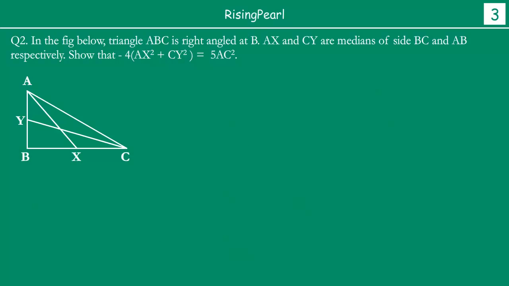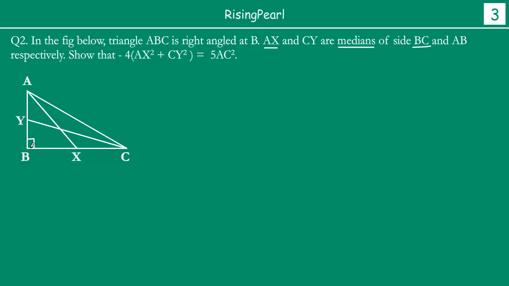Here, friends, we are looking at question number 2. Here in the figure below, triangle ABC is right angled at B. So we have a right angle triangle ABC, and this angle is 90 degrees. AX and CY are medians of side BC and AB. So AX is a median to side BC.